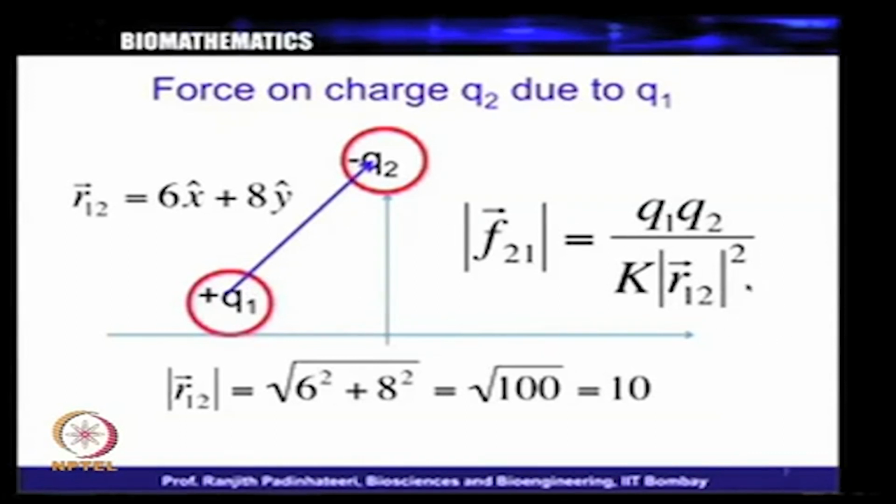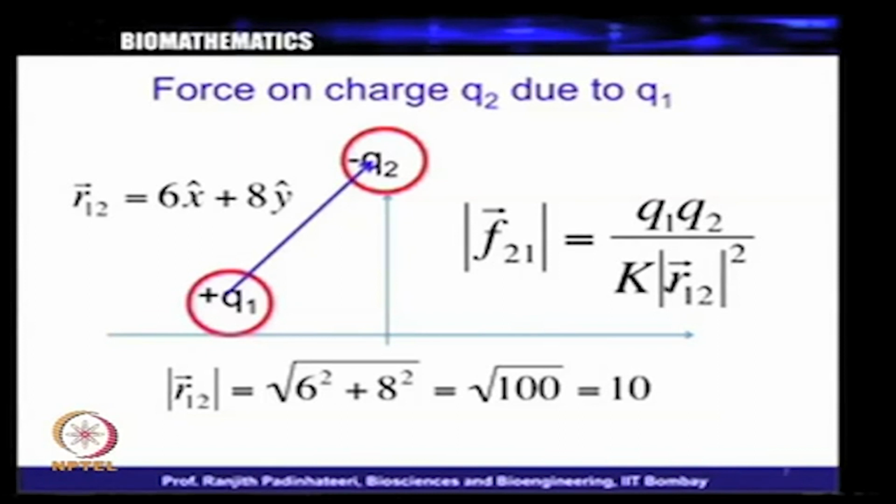Now, how do we calculate this distance between these two charges, R12? You can see here two lines. These lines represent what is called magnitude. If you put a vector between these two lines, that means the magnitude of a vector. So, have a look here.